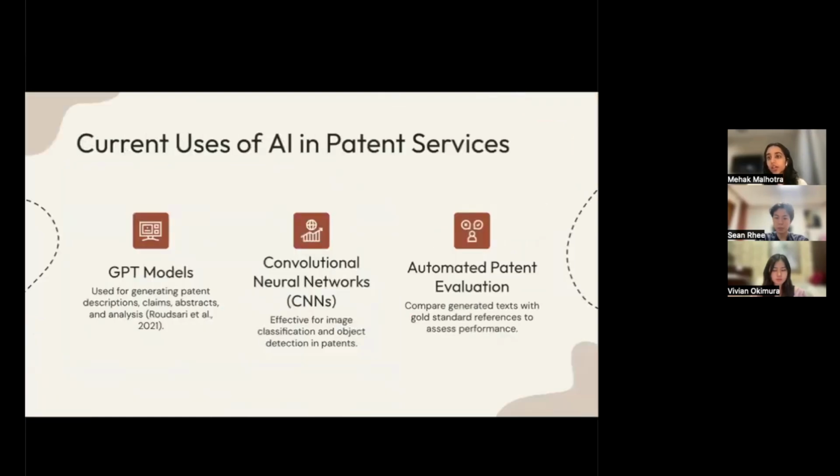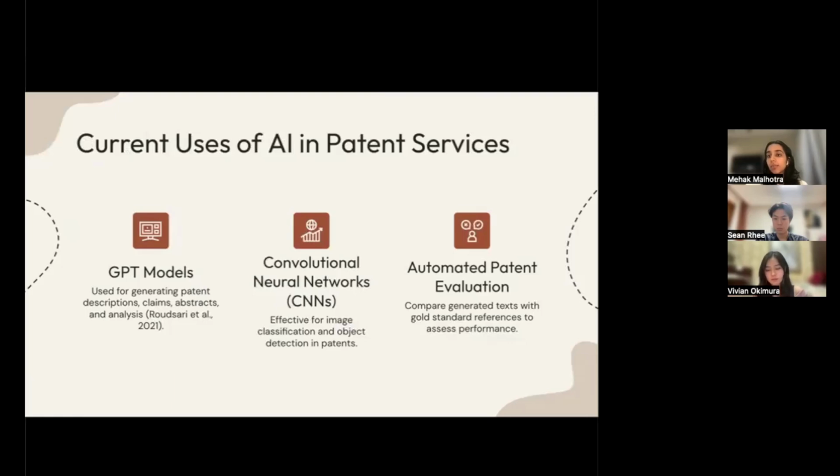So, in terms of the current uses of AI in patent services, researchers have used GPT models for several different tasks, such as generating patent descriptions, since they can be valuable in patent analysis and organization. Secondly, convolutional neural networks, or CNNs, are a type of AI system that identifies sketches and diagrams and helps classify objects and images in patents.